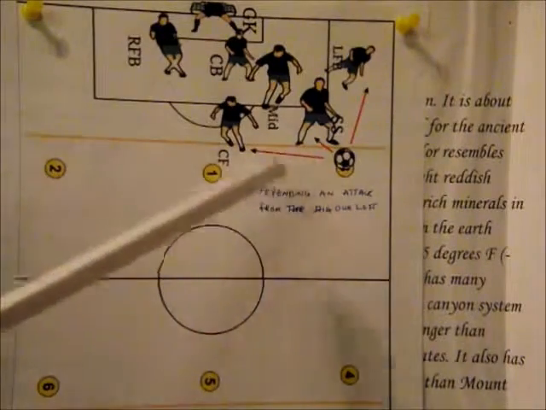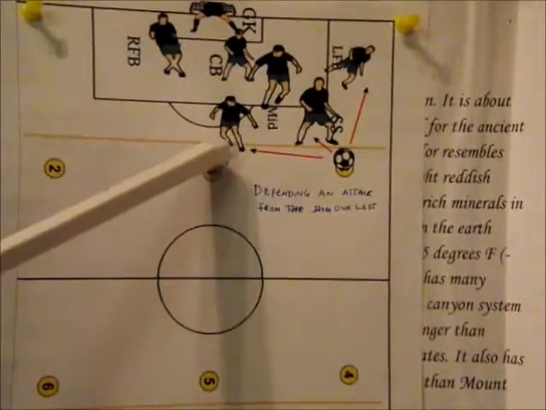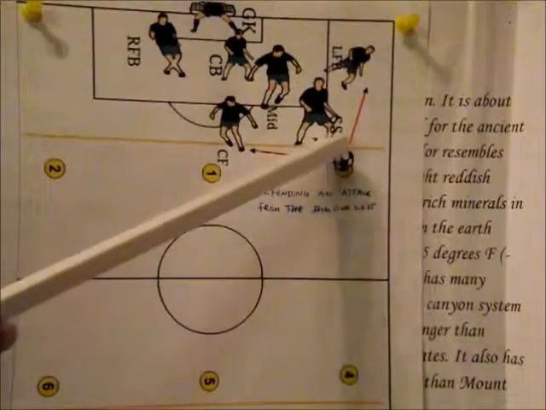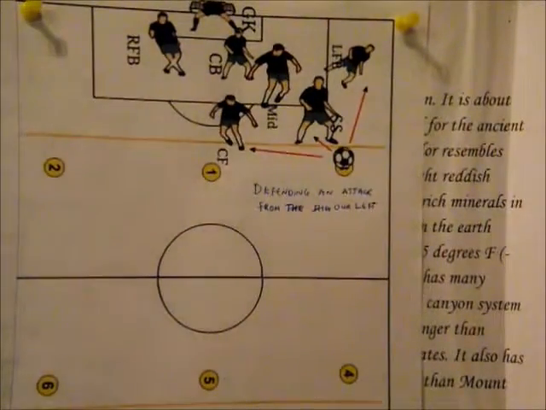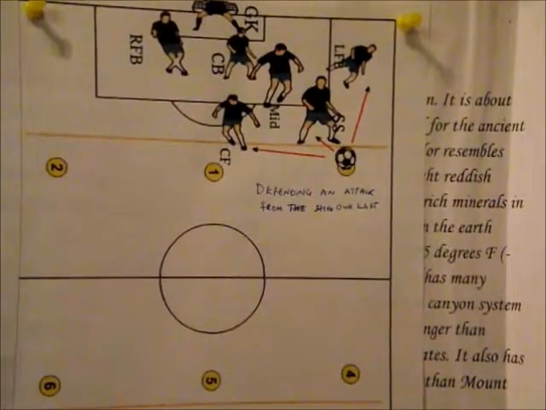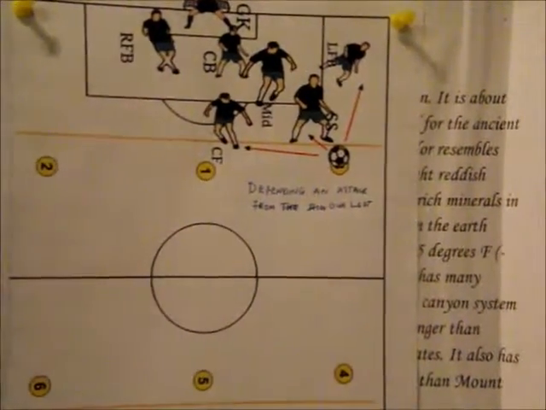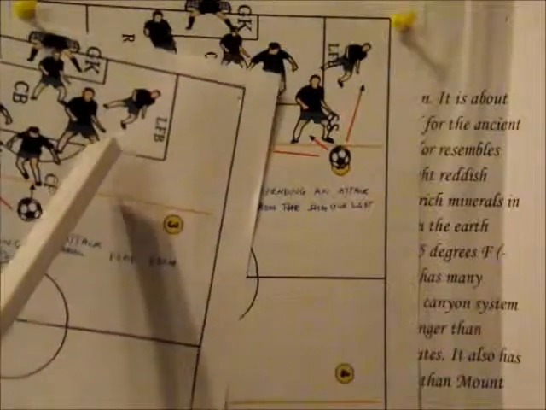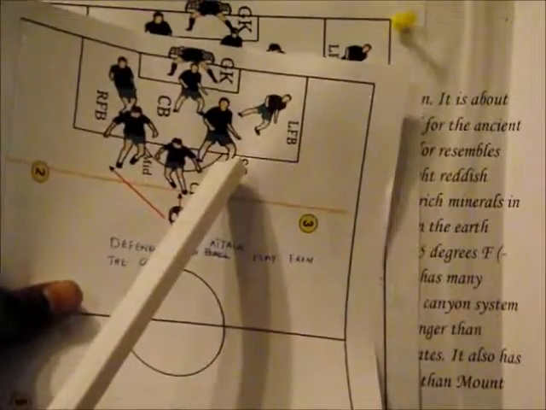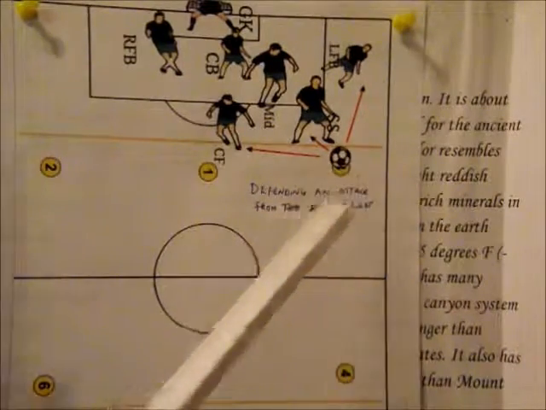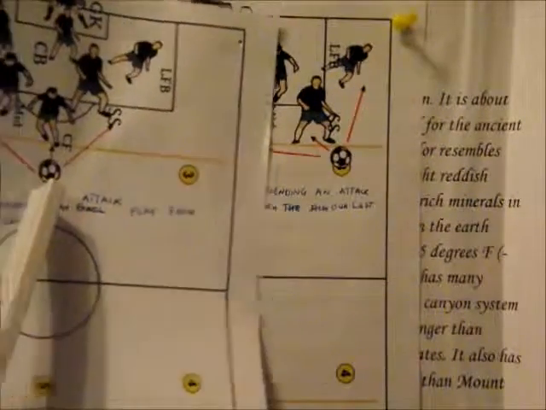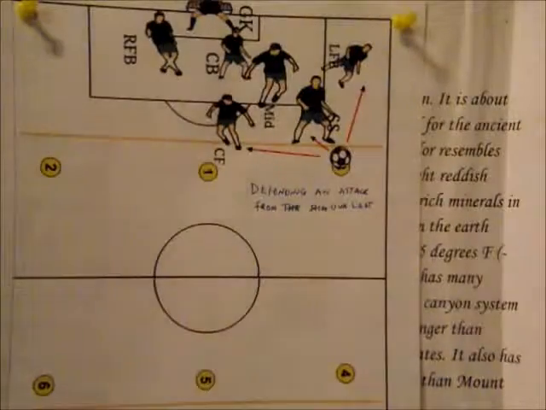You will see that our center forward is still in the middle, but now our support striker has shifted from the initial position right here, and I shifted to meet the ball. This is where the location of the ball is right now. The ball moved from here to here.